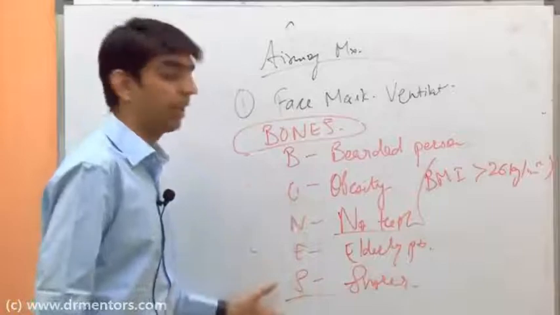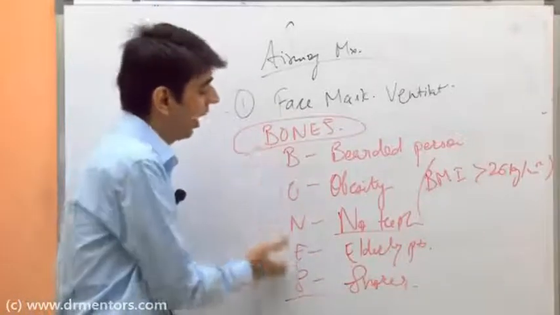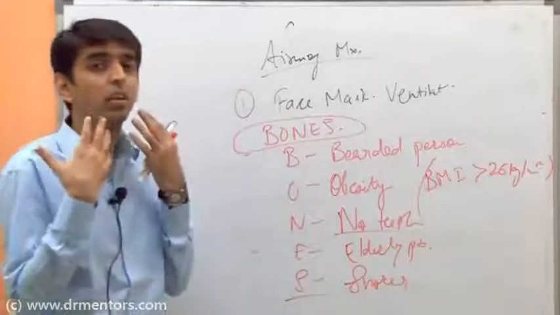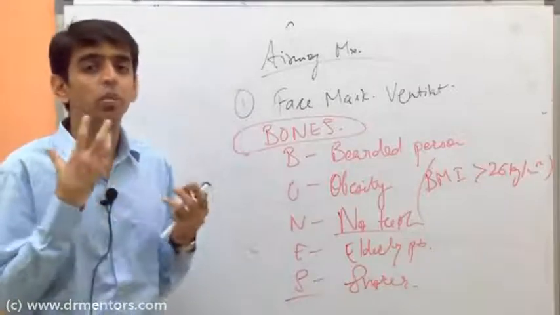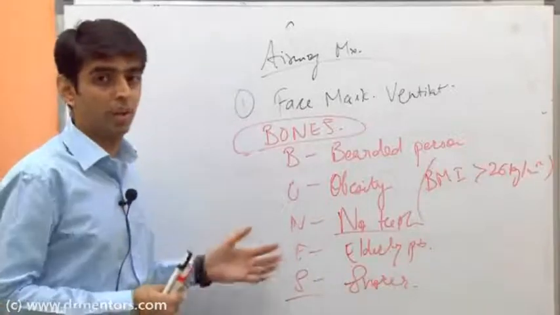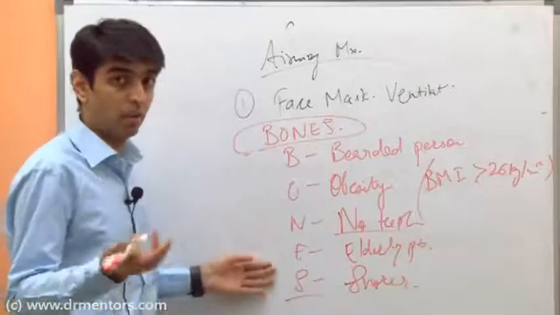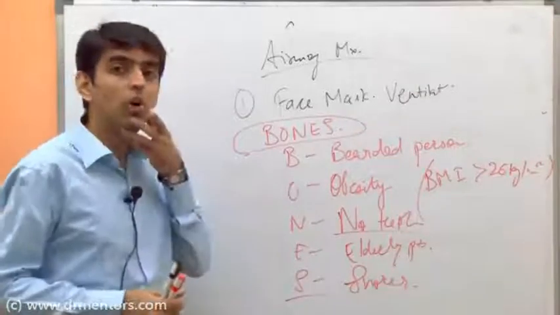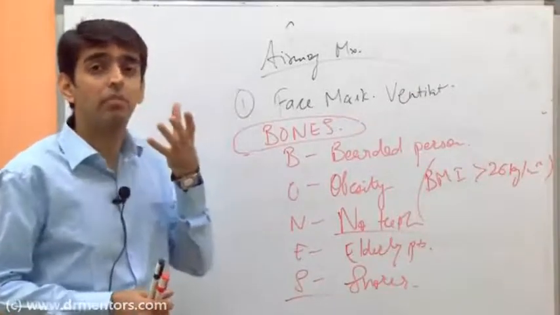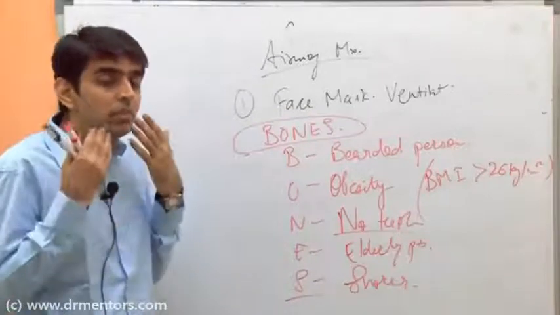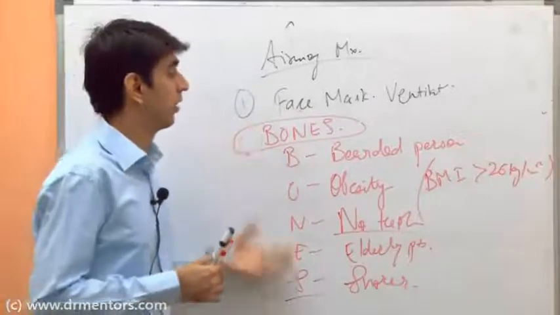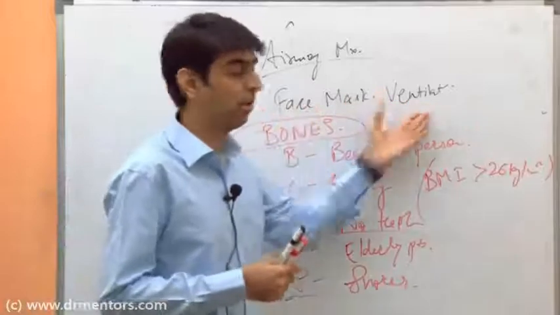You may also add difficult or distorted anatomy, loose teeth, large upper and lower incisors, or a small jaw, where there will be retraction. Micrognathia. These are persons in whom face mask ventilation is going to be difficult.